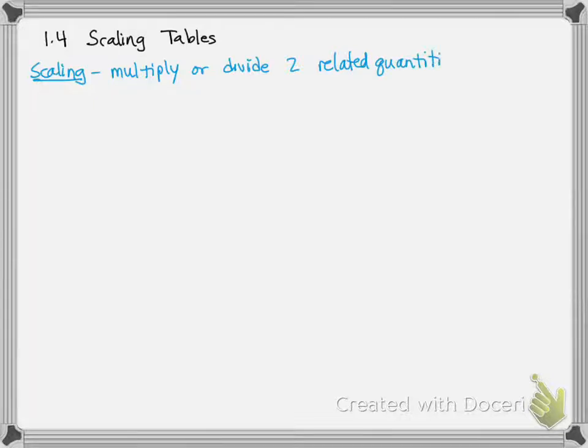And quantities is just a fancy way of saying somehow these are related, so we're just going to call this basically they form a ratio. So multiply or divide two related quantities, they form a ratio, by the same number.